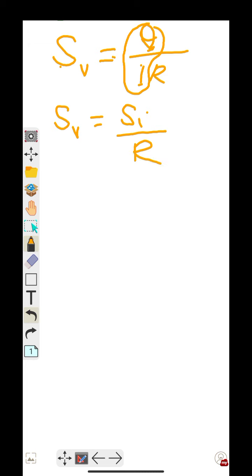Now as per the question, the new voltage sensitivity is equal to the new current sensitivity upon the resistance if it is changed. So the new sensitivity will be N dash A dash B upon K into R dash, that is the new voltage sensitivity.